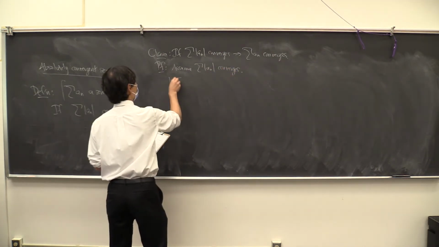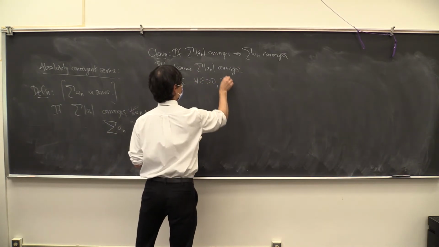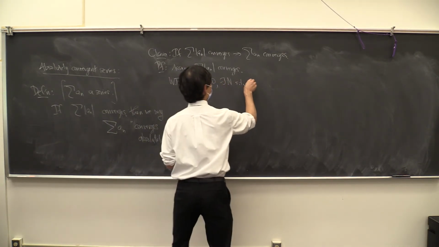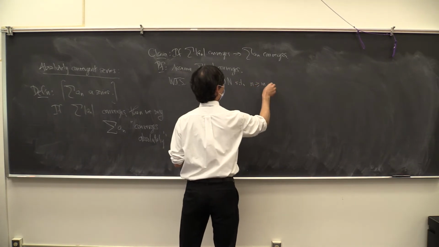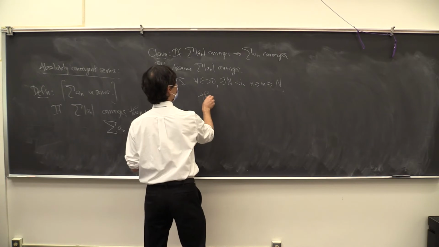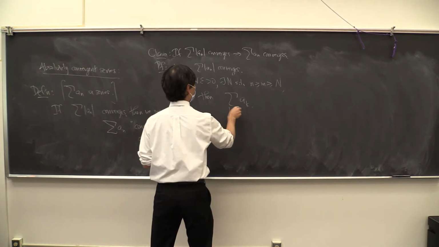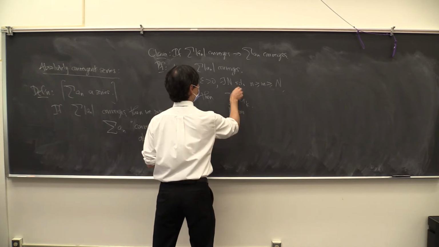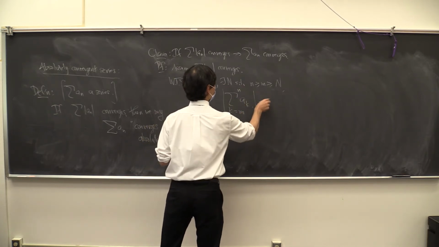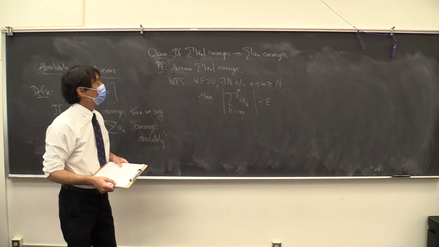And we want to show that for every epsilon greater than 0, there exists an N such that if n and m are bigger than N, then the summation of a_k from k equals m to n is smaller than epsilon. That's the Cauchy criterion.